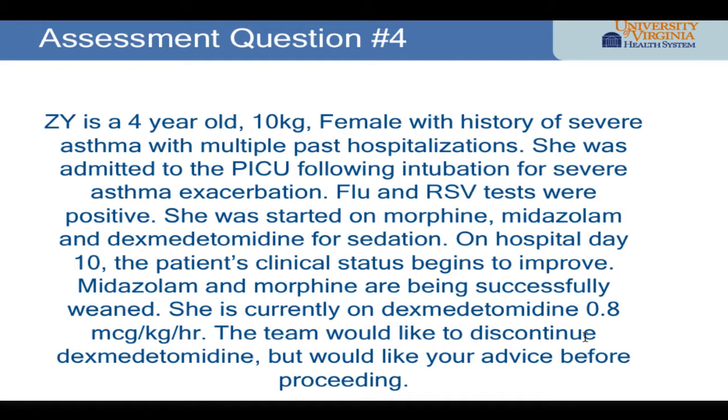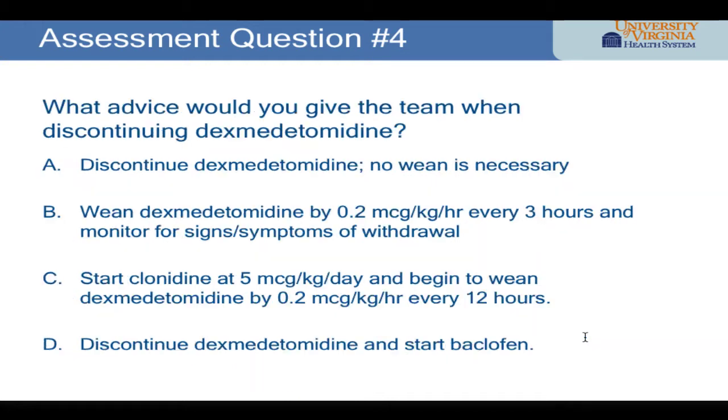On hospital day 10, the patient's clinical status begins to improve. They were successfully being weaned off of midazolam and morphine, and they're currently on dexmedetomidine 0.8 mics per kilo per hour. And the team would like to discontinue dexmedetomidine. Would like your advice before proceeding. What advice would you give the team when discontinuing dexmedetomidine?